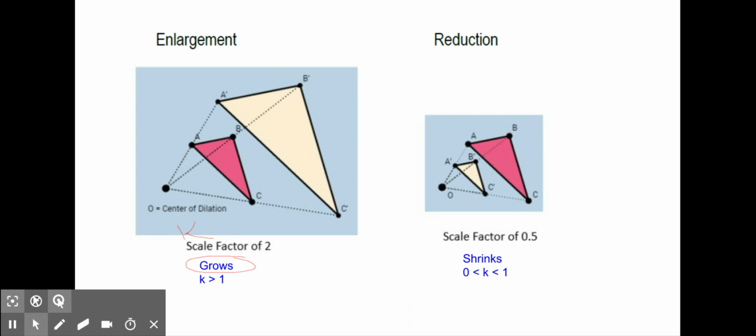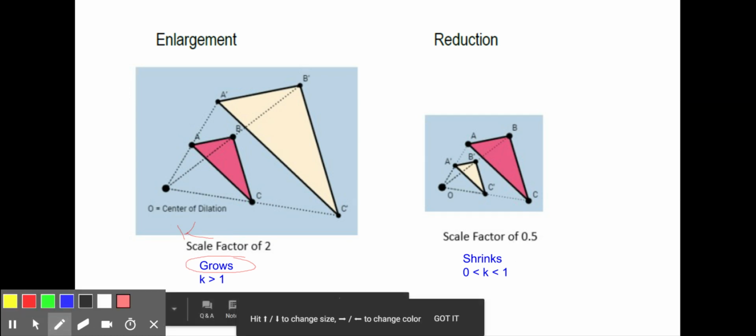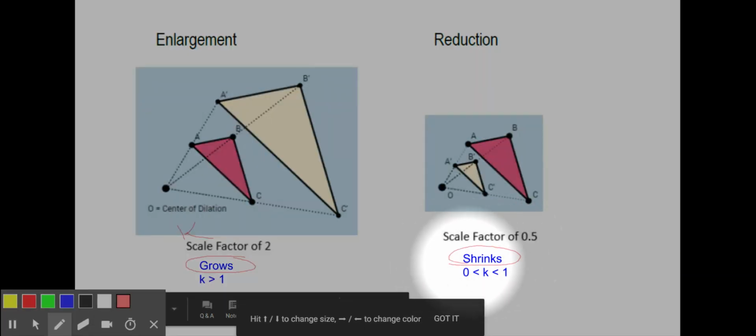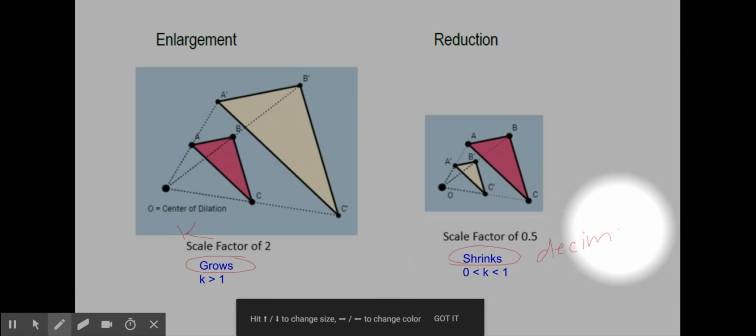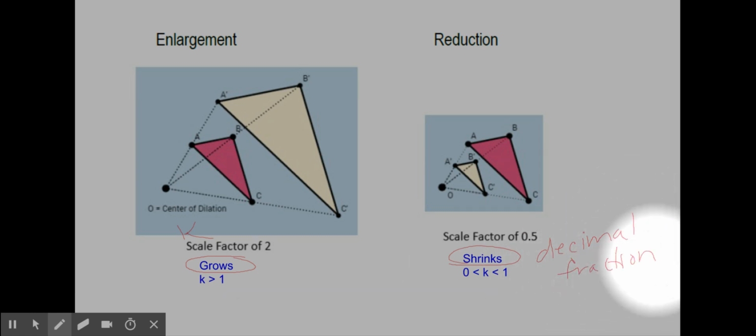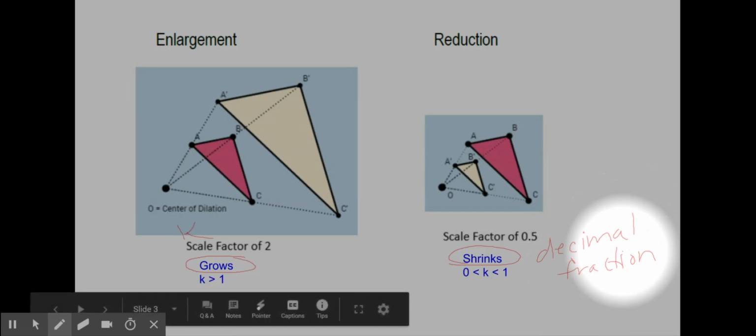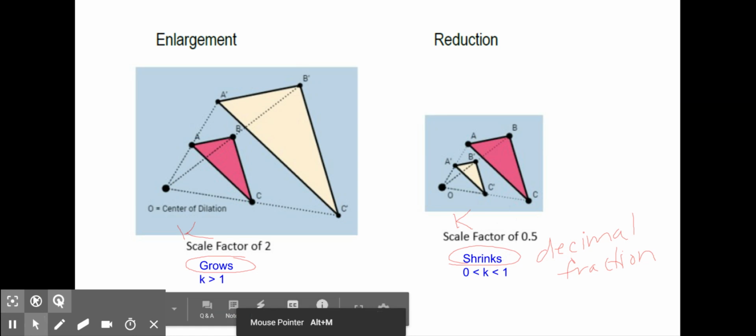And when our scale factor is between 0 and 1, we say it shrinks. So it can be a decimal or a fraction. Okay. And so our scale factor is represented by the variable k.